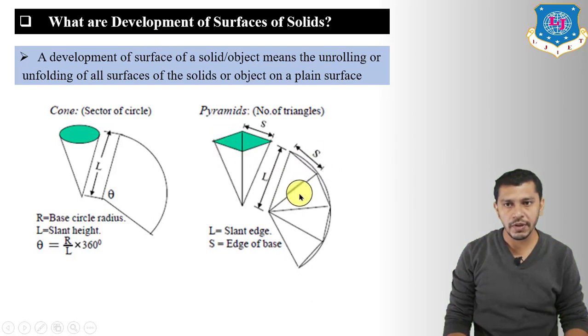So the development will be 4 triangles attached at the same point, and this development is known as the radial development. So if we have pentagonal pyramid, we will get 5 triangles. If we have hexagonal pyramid, we will get in the development 6 triangles.